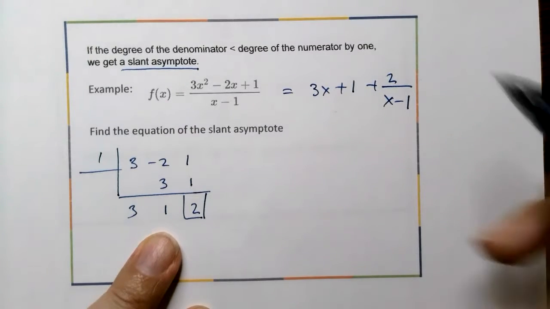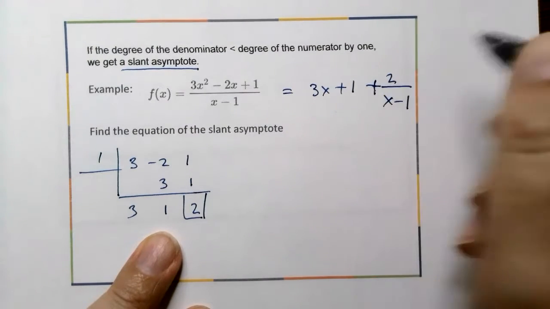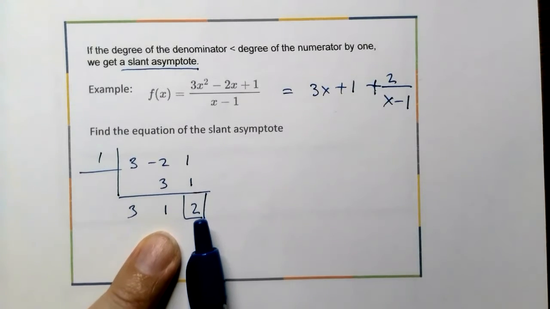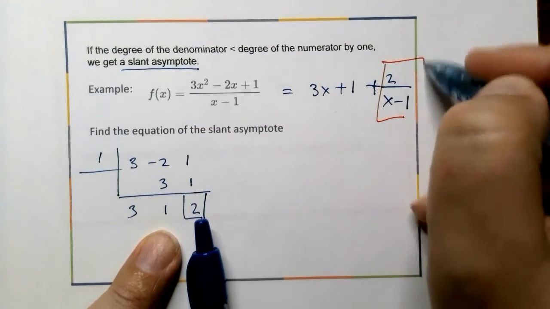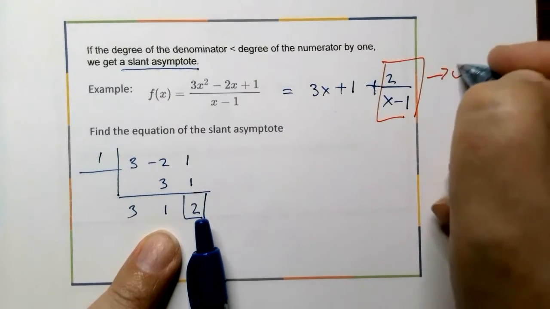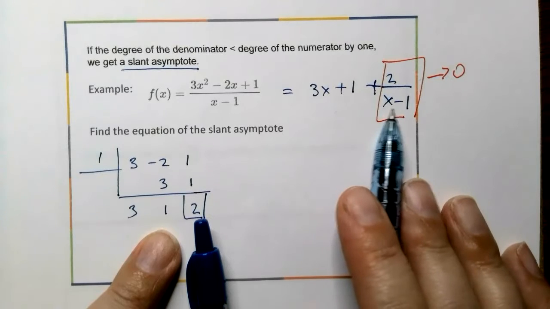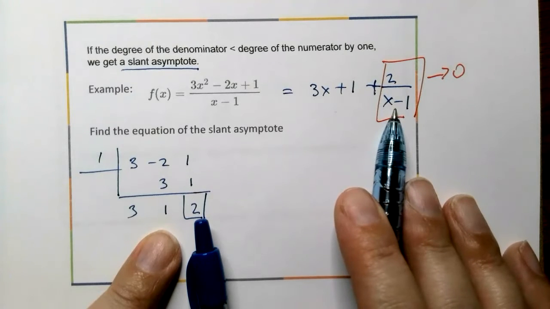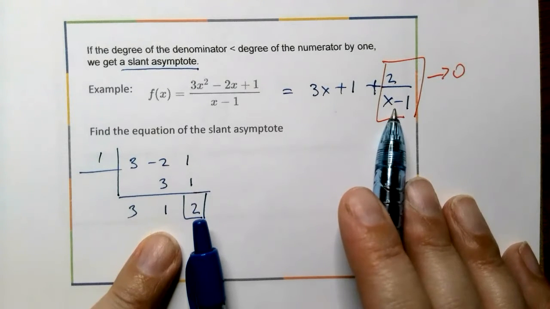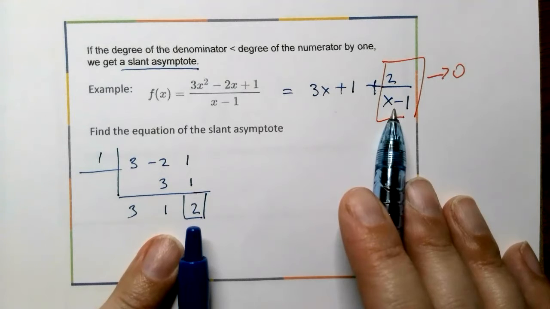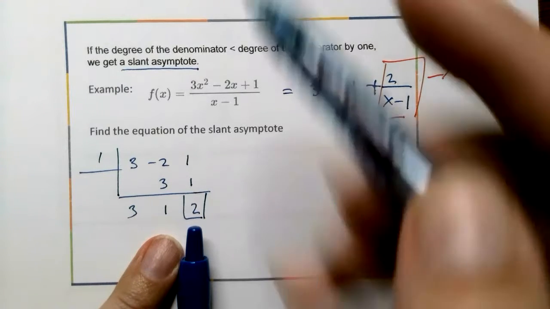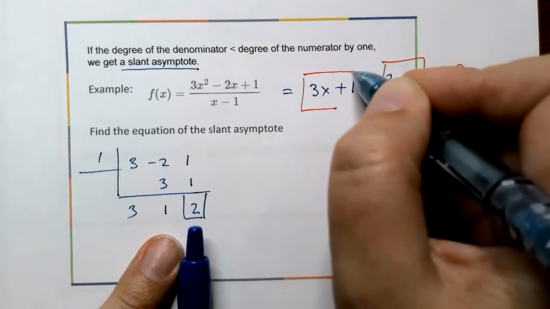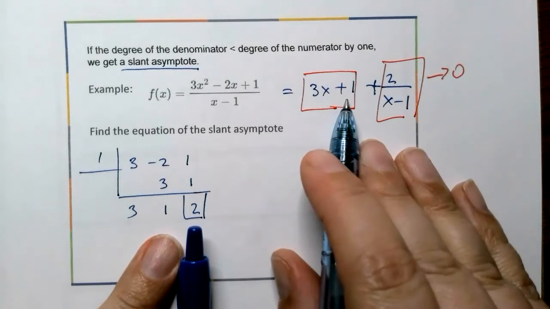Now, when x becomes really, really large, this fraction right here will go to 0, right? Because x is going to grow without bound. What's going to affect the behavior of your graph is this portion, which is a linear function.